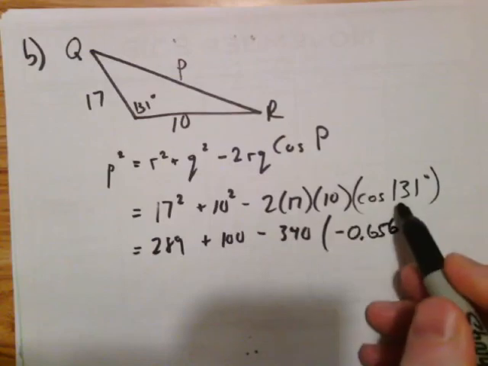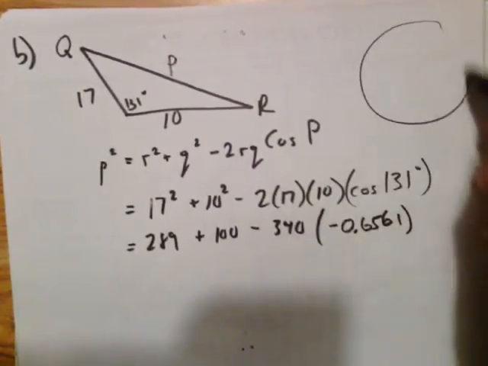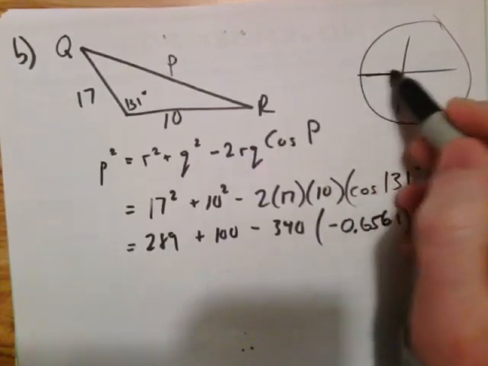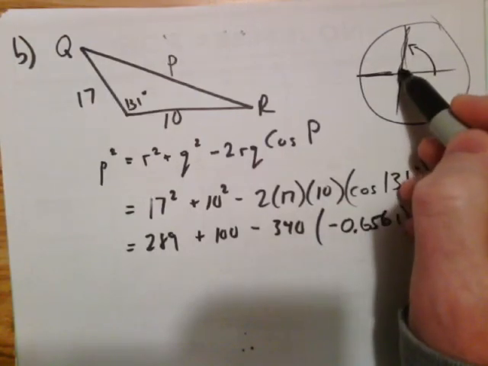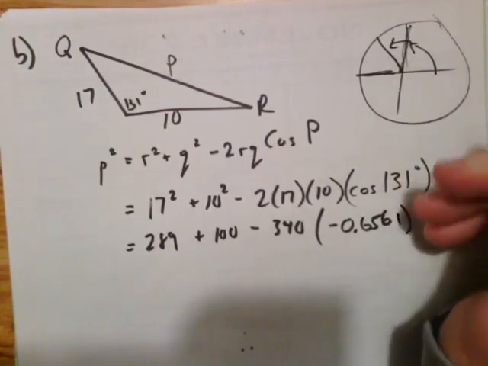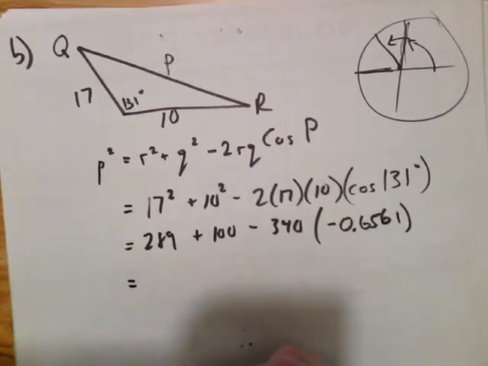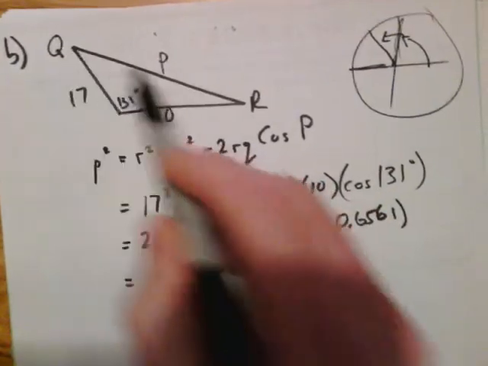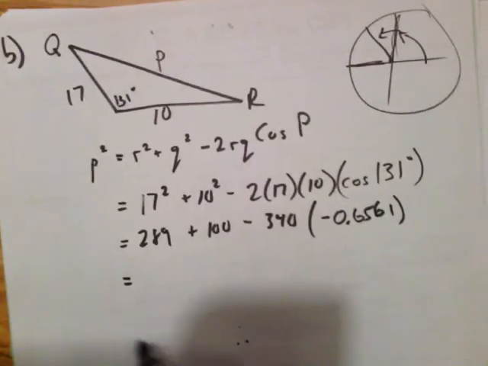Negative, because cos of 131 would be in the second quadrant, right? Cos is negative on this side, x is negative on this side. This is a 90-degree angle, but we have 131, so it's more like that. That's why cos is negative. And also, negative times negative is going to be positive, so we're going to add. P is quite long here. In the previous one, it wasn't.